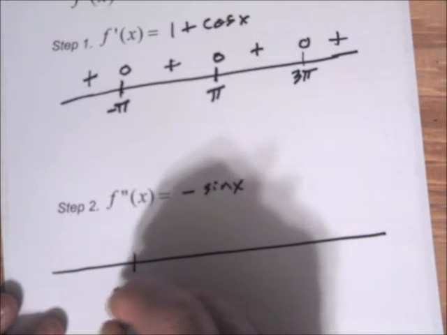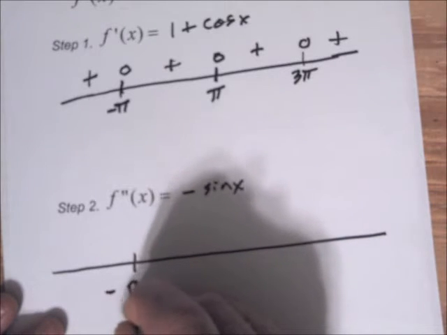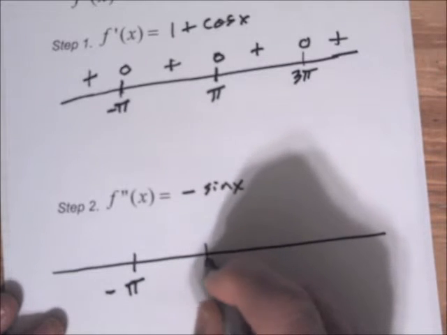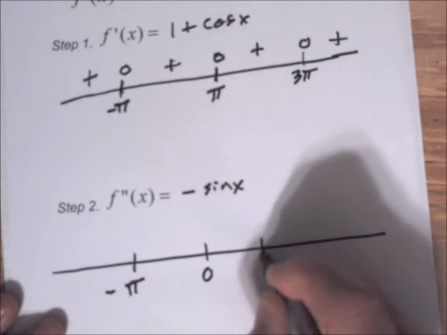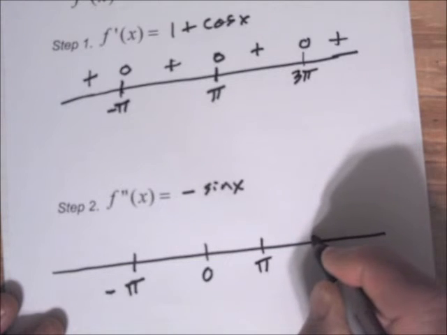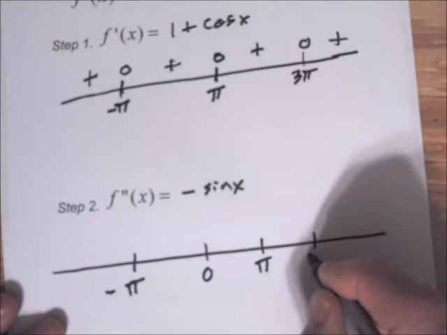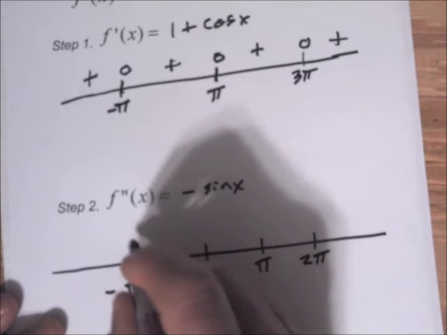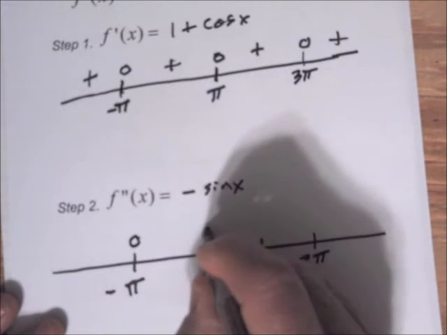So say minus pi, and 0, pi, 2 pi, and so the sine is 0 at all these places.